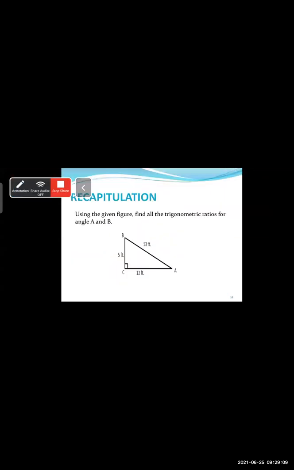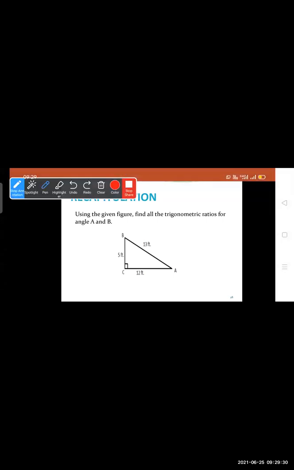Okay, students. Now see in the figure, one more example is here. Using the given figure, find all the trigonometric ratios for angle A and B. I will explain A, and angle B is homework for you. What we have to find in this question is all the trigonometric ratios, that is sine, cos, tan, and then their reciprocals.